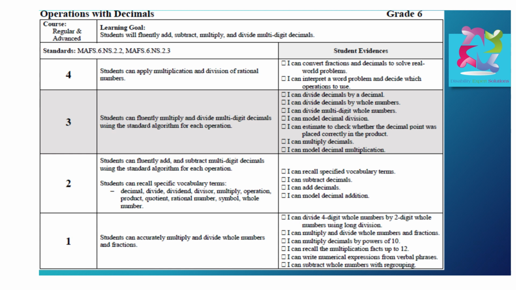So you would start your unit with the learning goal and I can statements. Now, I've seen where teachers have students move from level 1 all the way to 3, and the I can statements build upon each other until they get to level 3.